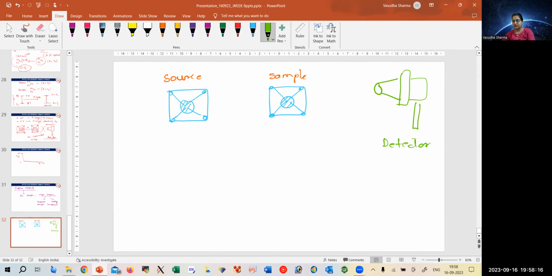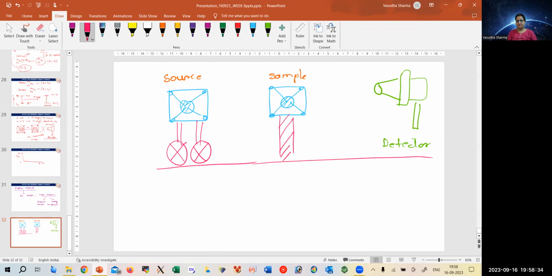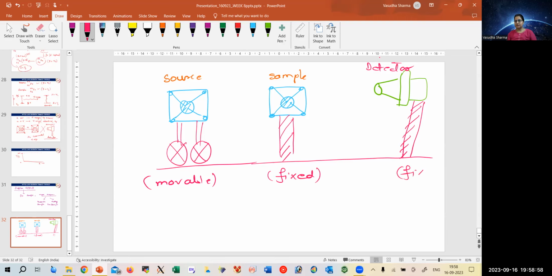Now, this is movable. This is fixed. And this is also fixed.